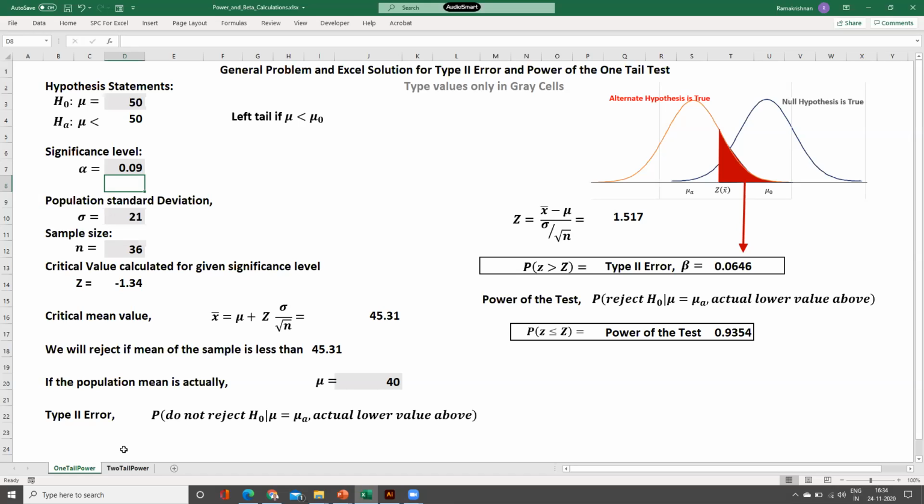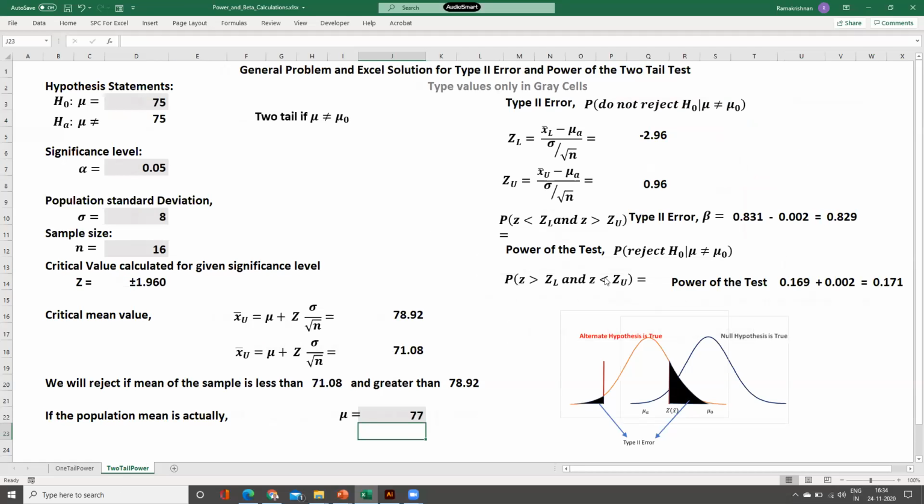And we will also take the two-tailed test. Two-tailed test is the area to the left of this as well as to the right of this critical values. Because you have two tails, you will have two critical values for the null hypothesis statement as well as for the alternate hypothesis statement. So we will take this one problem, 75 and 0.05. Sigma value is 8, sample size is 16, and mu is 77.